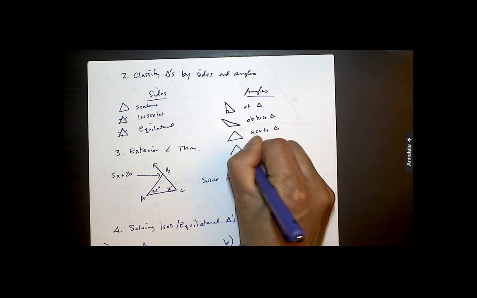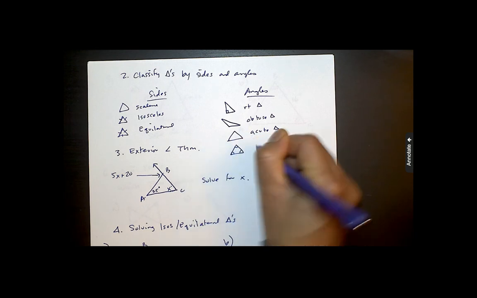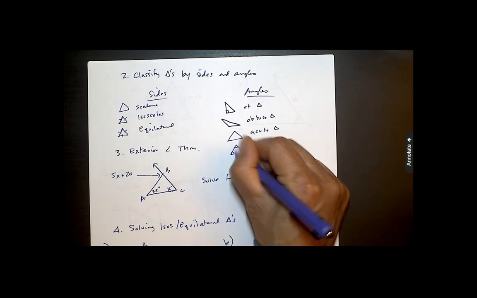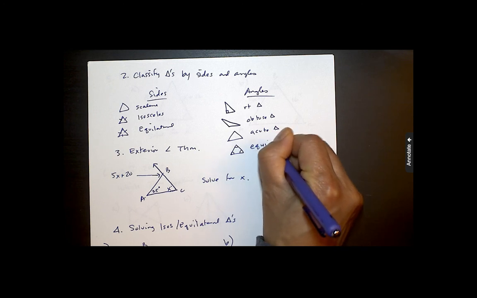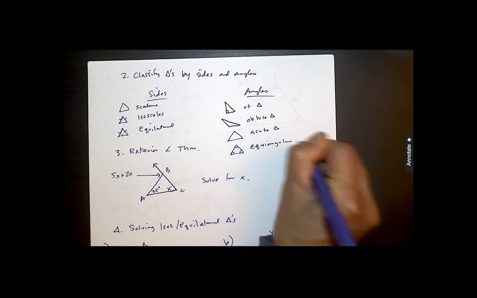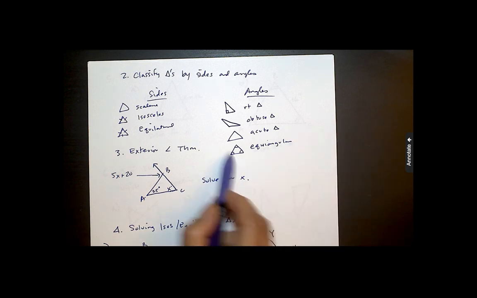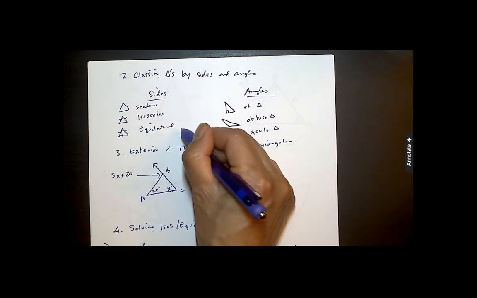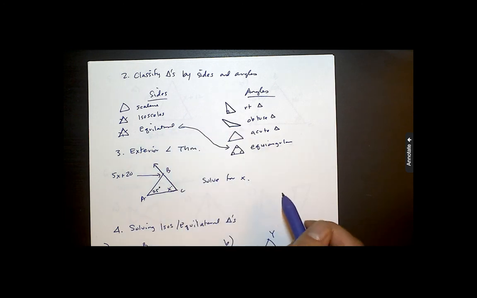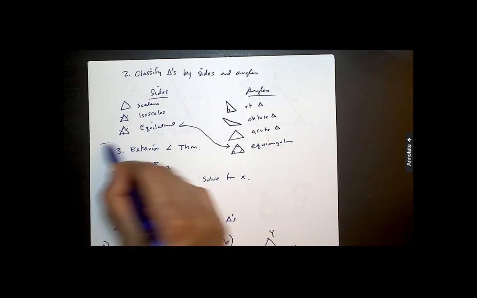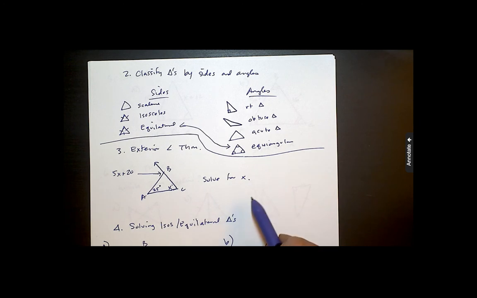Then the only other one is when all 3 angles are equal or congruent, equiangular. Notice that equiangular triangles are also equilateral, right? We connected those a couple different times that we've lectured on this. Okay, so that is classifying triangles.